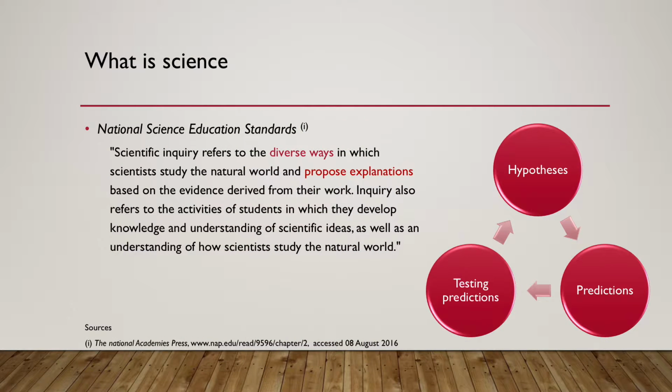Alright, so scientific inquiry is basically the way we do science, the way we learn, the way we interact with our world, and the way we receive data and process this data. So it is a circular way of doing business, as you may call it. You have your hypotheses, you have your predictions, you test your predictions, and then you go back to your hypothesis again.